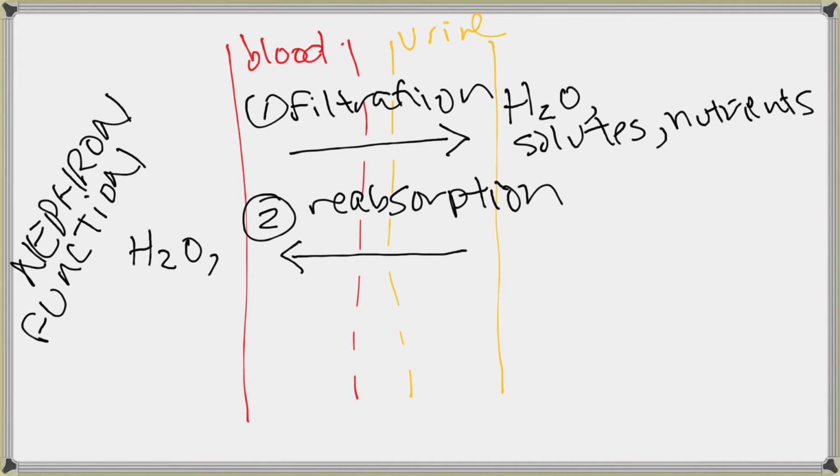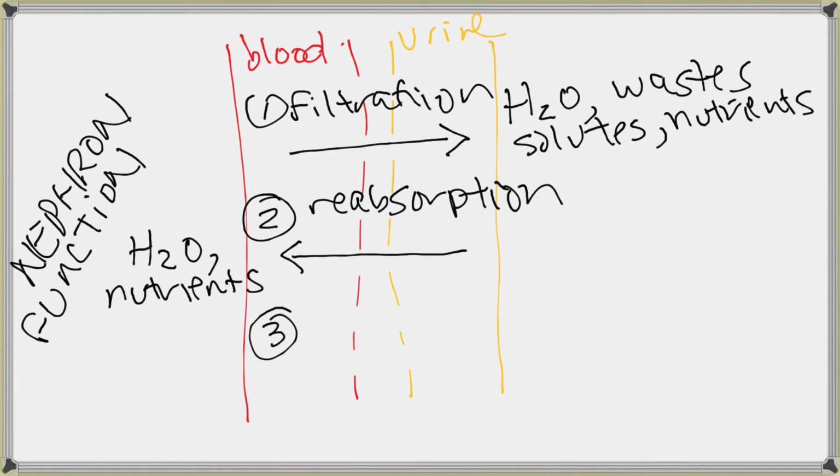And you will probably try to bring back in most of the nutrients. But I forgot to put this. You actually filtered out wastes, and there's no reason to bring that back in. So you're going to bring back stuff that you needed, and you're selectively doing that with reabsorption.